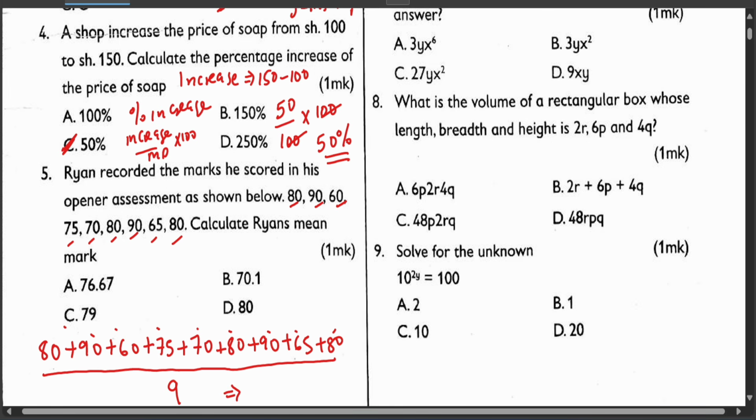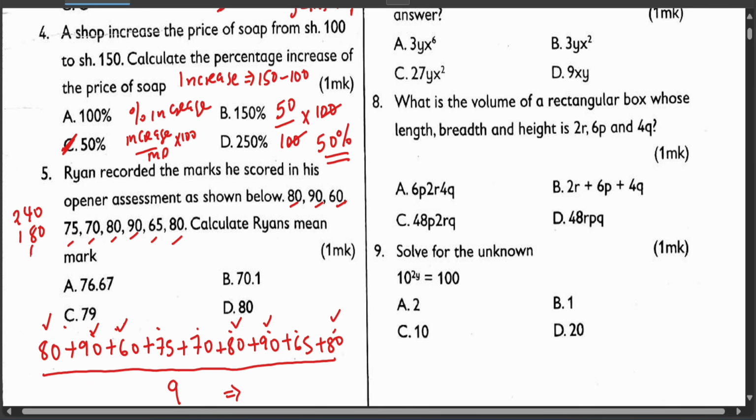So angalia tu wewe mwenyewe 80 ni mara ngapi? 80 ni mara 3. 80 times 3 it gives you 240. So then tunaangalia 90. 90 times 2 inakupa 180. Then 60 ni mara moja tu.